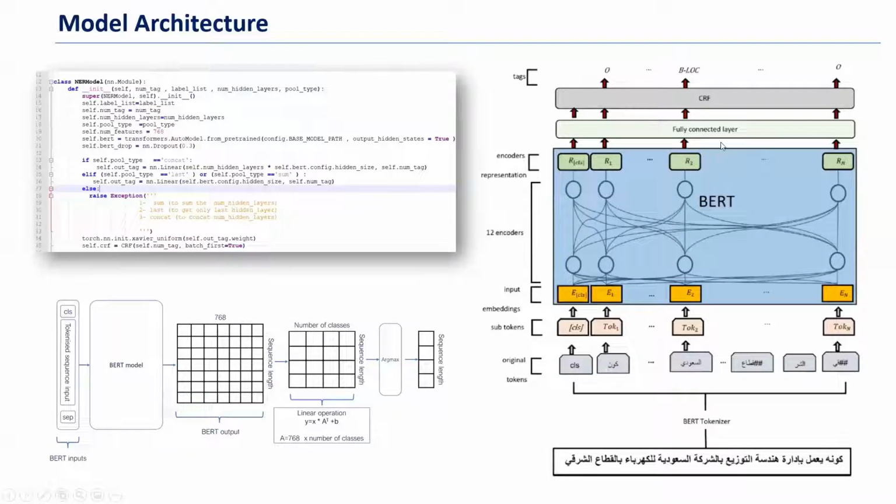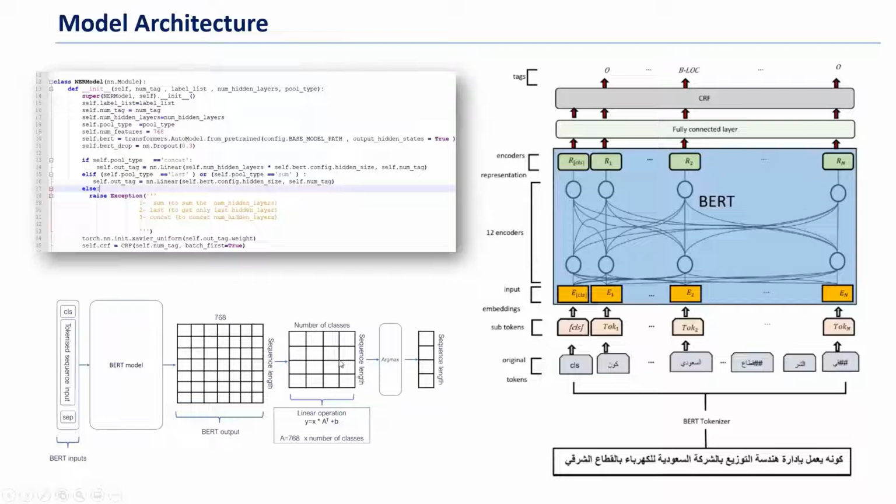The result of this embedding representation goes to the fully connected layer, which can be seen here. This is the output of the BERT model: 768 features multiplied by the sequence length.